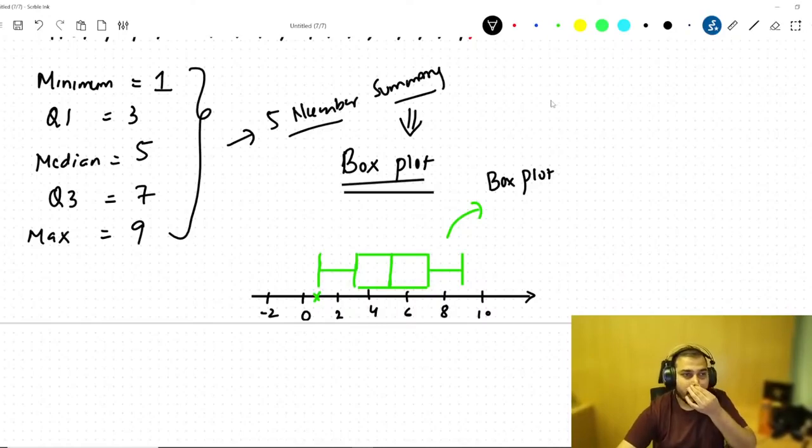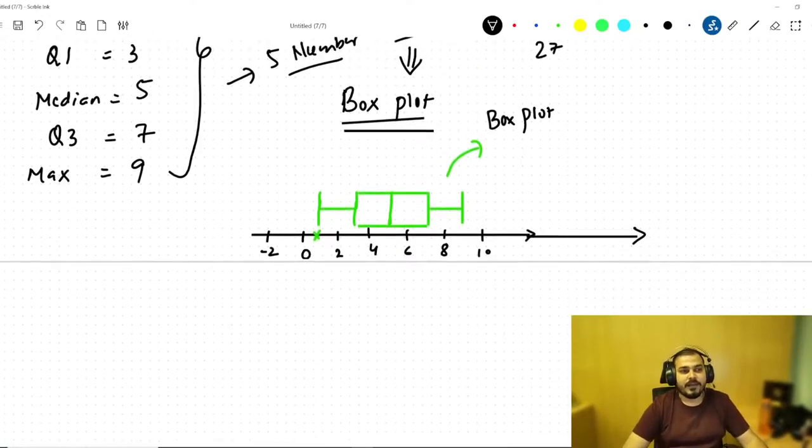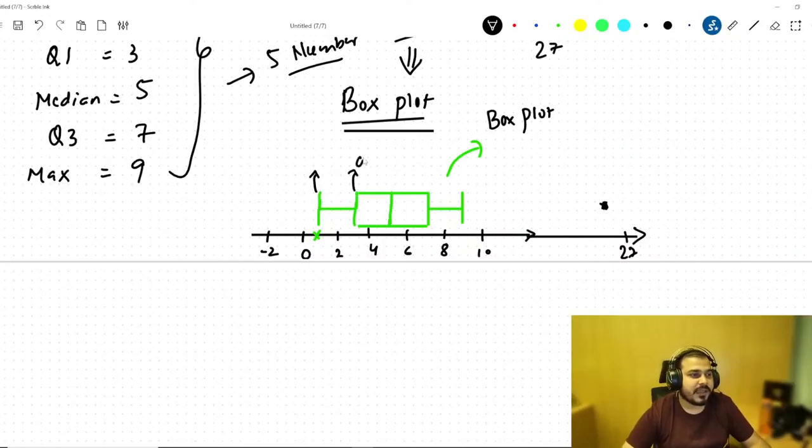If I had kept 27 as an element, I would have to extend this line this much and put 27 somewhere here, as one dot over here. Have you seen this kind of plot? This value is minimum. This is my Q1, this is my median, this is my Q3, and this is my max.